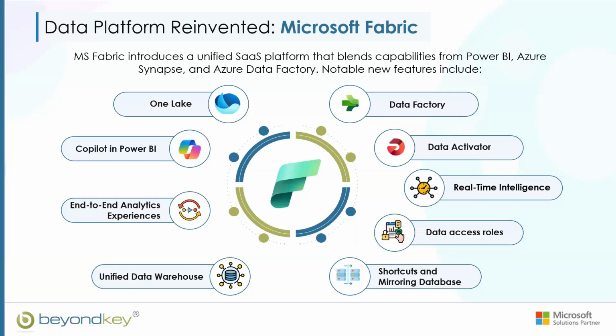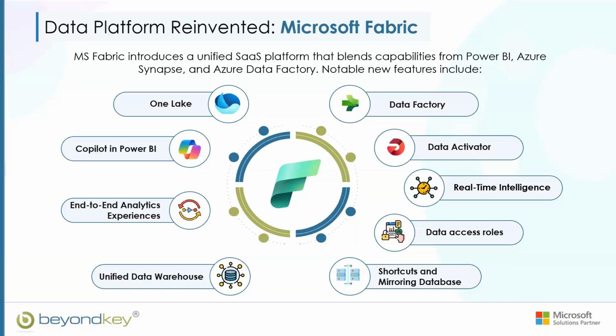I can be in Microsoft and connect to AWS S3 using a shortcut without moving the data. Of course, the price that you pay is the latency or the cost of query, ingress and egress. But sometimes if that is a very small amount, it doesn't make sense to dump everything. You shouldn't if you don't have to.